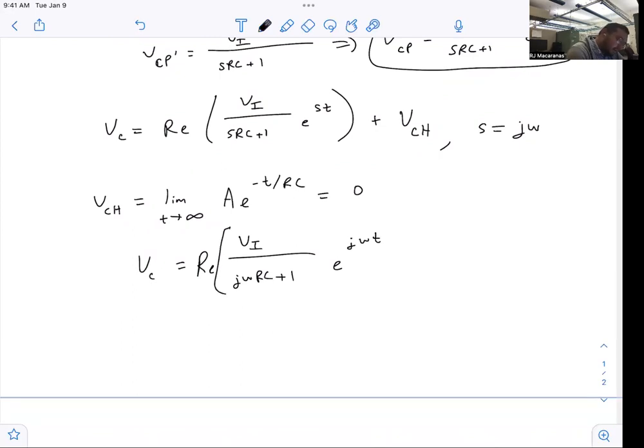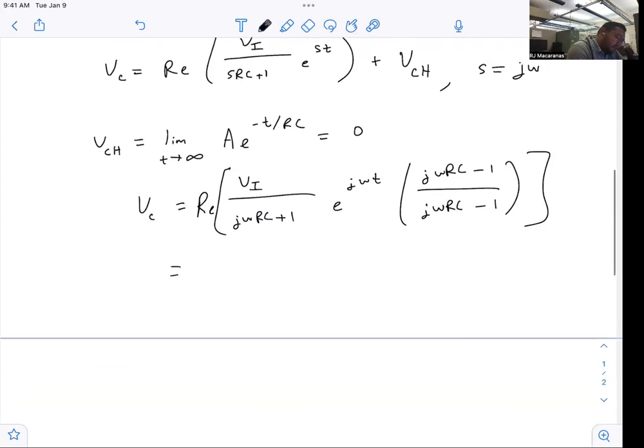To do that, we're going to get the complex term out of the denominator here by multiplying by the complex conjugate. So then we're looking at the real part of this expression.